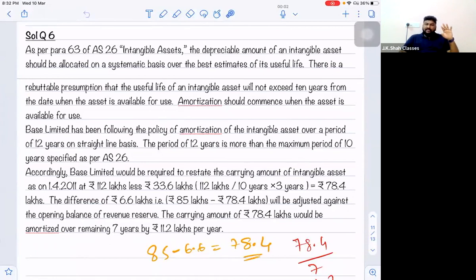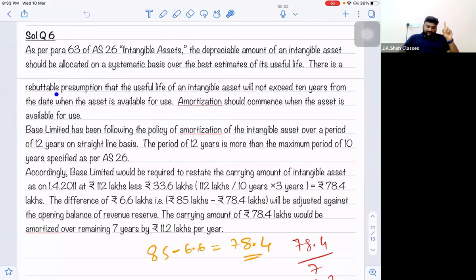Now, first we will write the provision paragraph, which is nothing but the definition of amortization, followed by the maximum life of 10 years, and you will start amortizing when the asset is available for use. So these 3 points have to be noted. As per AS 26, the depreciable amount of an intangible asset should be allocated on a systematic basis over the best estimate of its useful life. This is nothing but the definition of amortization.